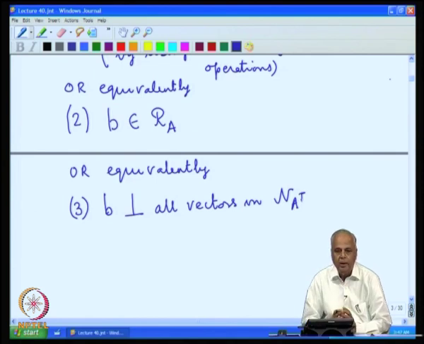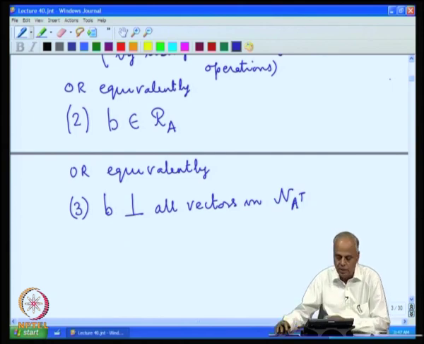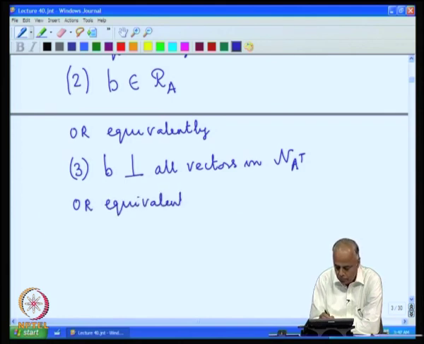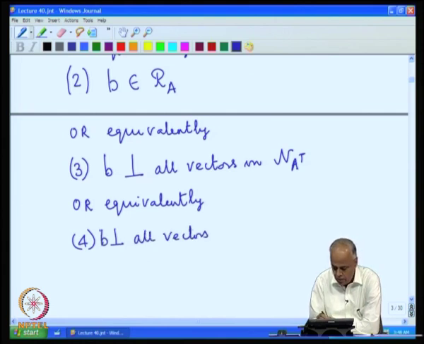Now, a vector is orthogonal to all the vectors in a subspace if it is orthogonal to all the basis vectors, and therefore, this can be stated equivalently as B is orthogonal to all vectors in a basis for the null space of A transpose.